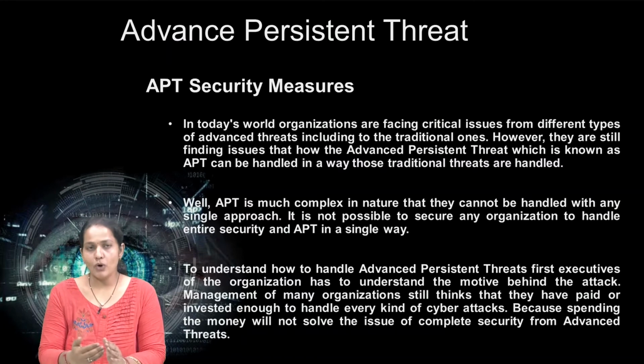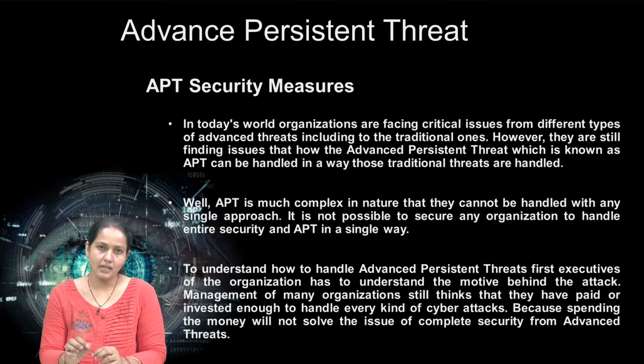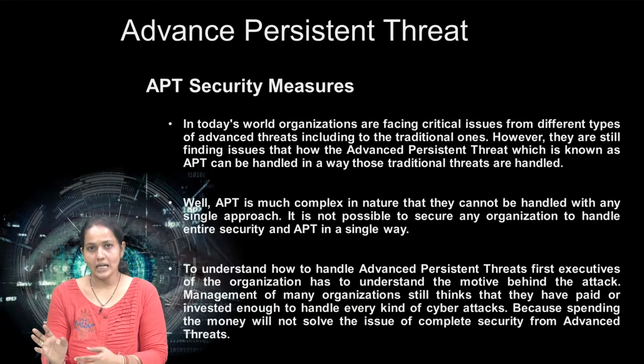That means to provide better security, multiple or fusion approaches are required to make your network preventive. With a single approach security mechanism, there will be no assurance that your system or your network is secured from the APT attack.